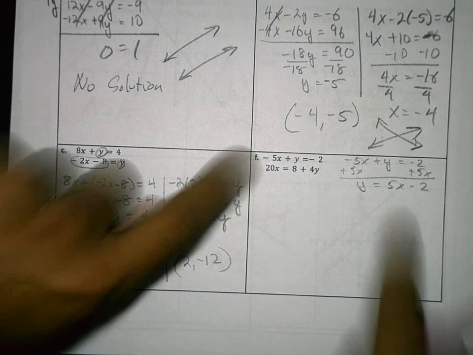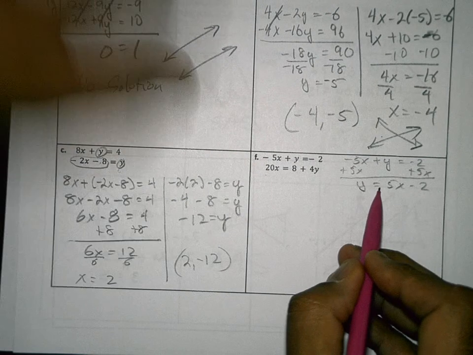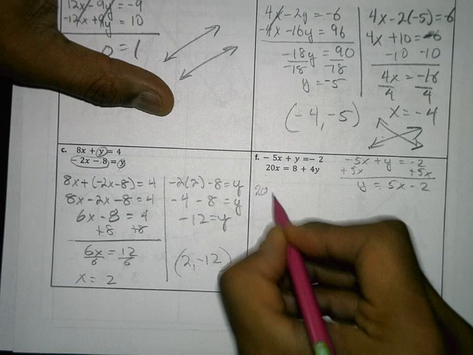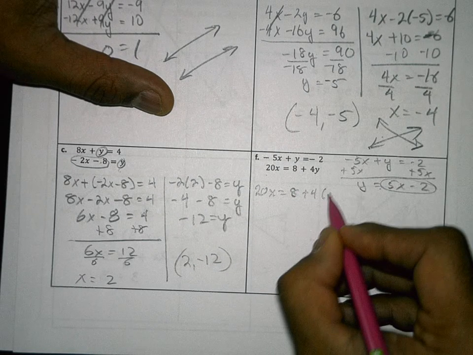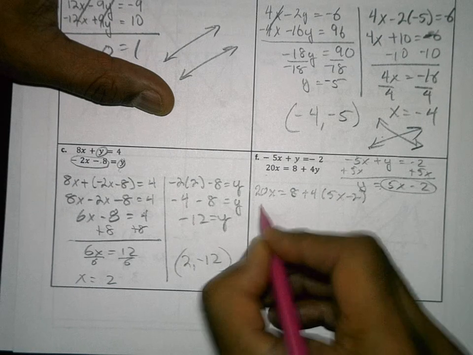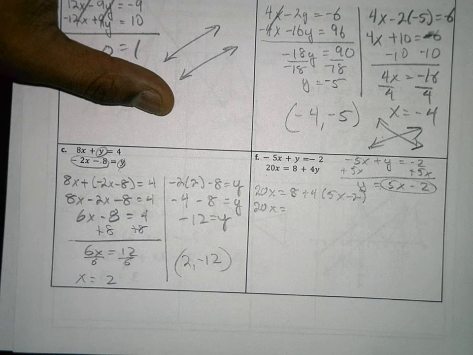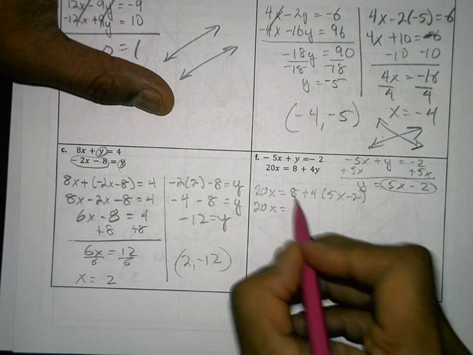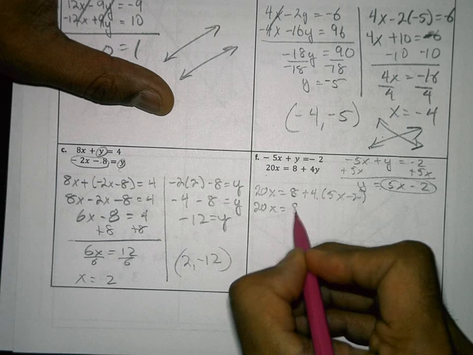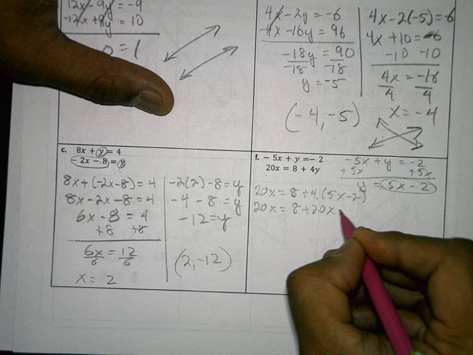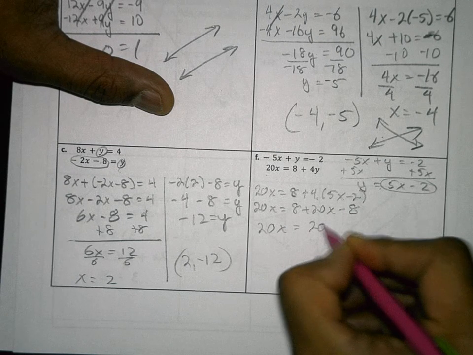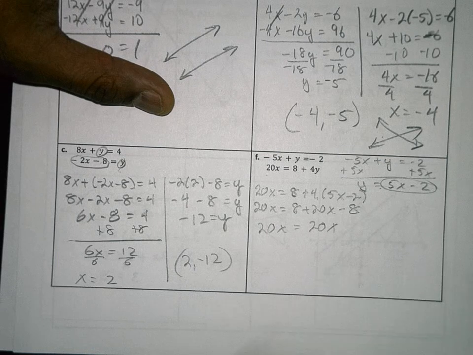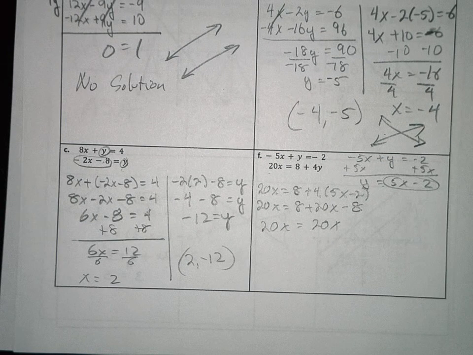So now I'm going to use this bottom one and this equation. So I'm looking at 20x equals 8 plus 4 times, and there's what I'm going to substitute, 5x minus 2. Now be careful, don't add these up. You've got to multiply first. Okay. I get 20x equals 20x. So you look, I got the same thing on both sides, right?